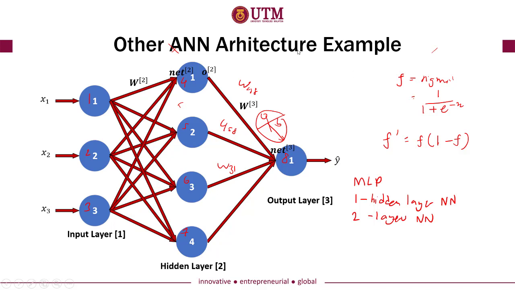But the one that I explained before has only 2 inputs, 2 neurons at the hidden layer and 2 neurons at the output layer. Still, it has the same name: the one that I explained is also called a 2-layer neural network, and this one is also called a 2-layer neural network, but with a different number of neurons in each layer.